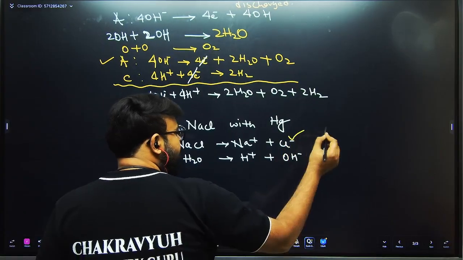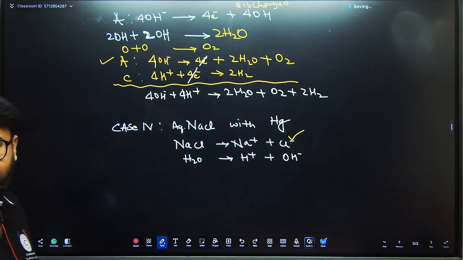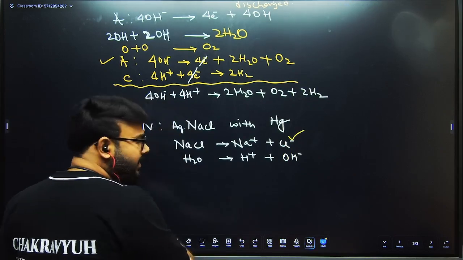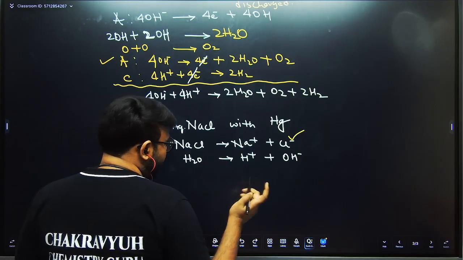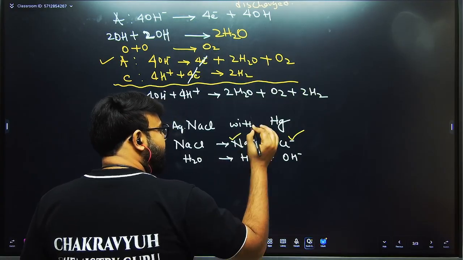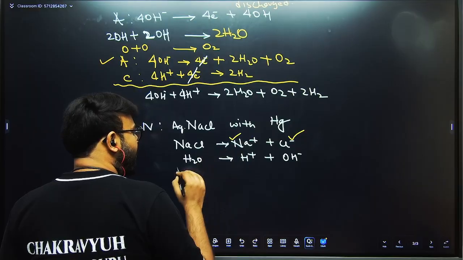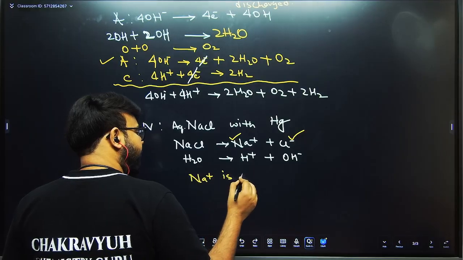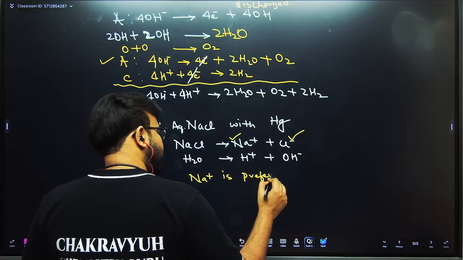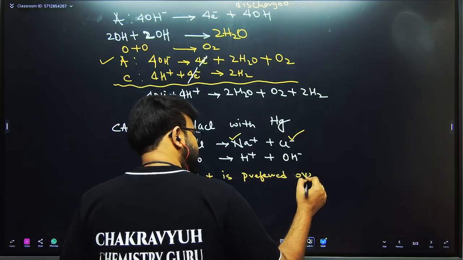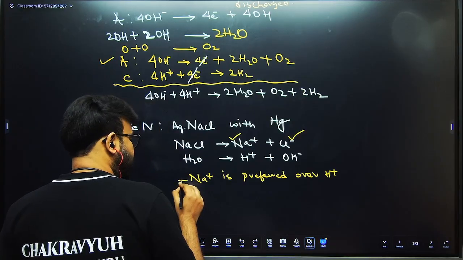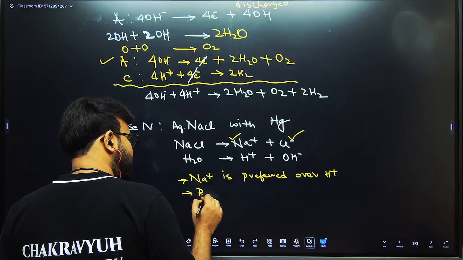So Cl minus is preferred, and H plus will be preferred over Na plus? No. Na plus will get preference. So write it down. Na plus is preferred over H plus. Write the reason.